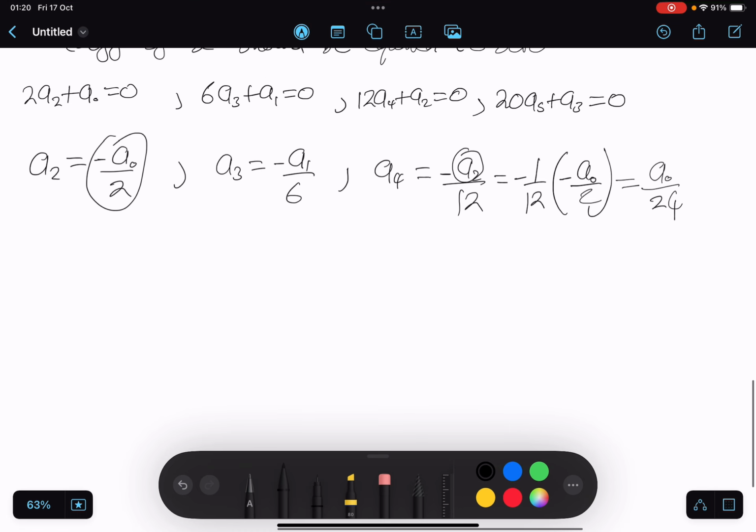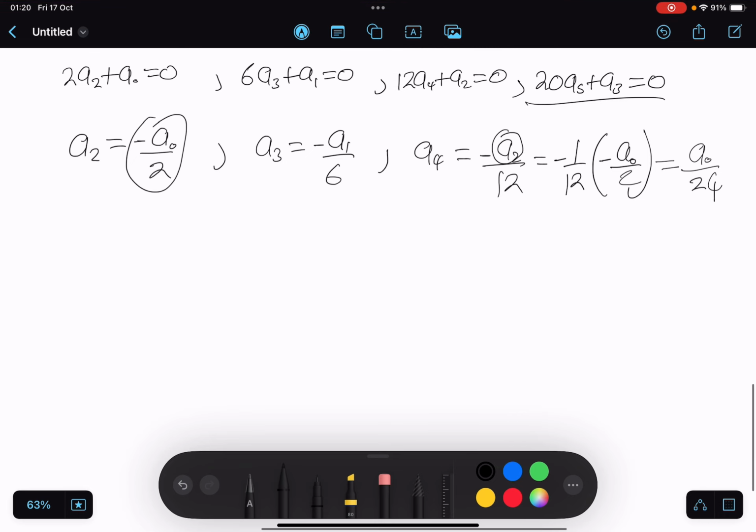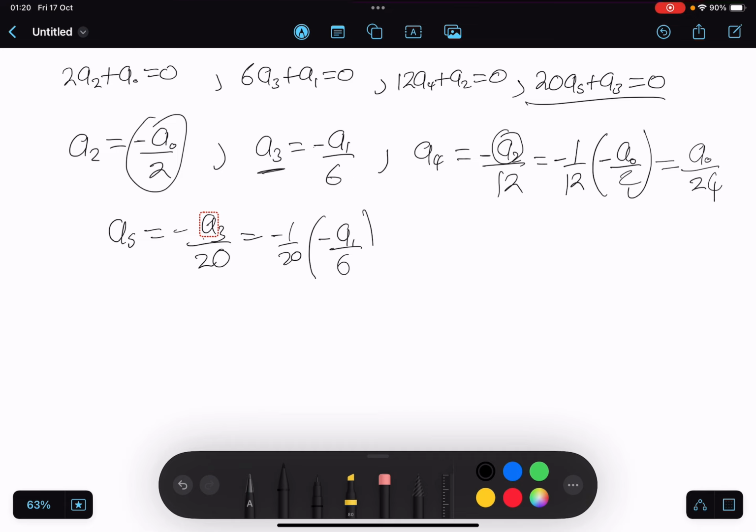And then now, the last one, we are going to make a5 the subject of the formula. So a5 is equal to minus a3 over 20. But we know that a3 is equal to minus a1 over 6. So this is minus 1 over 20, and instead of a3, we are going to have minus a1 over 6 here.